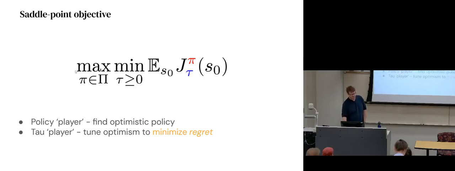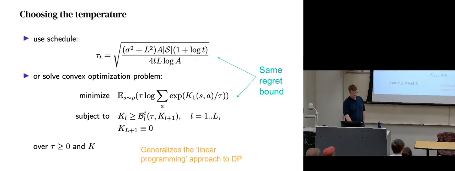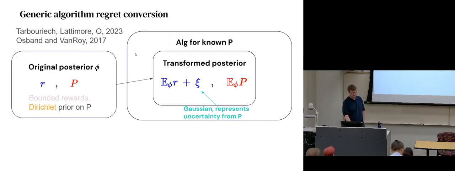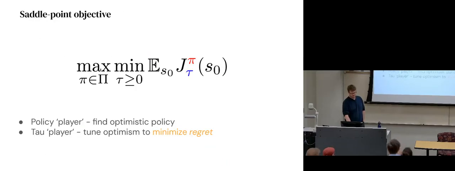So we want to solve a saddle point problem where we're maximizing over the policy, but like I was saying before, we're going to minimize over the temperature, based on the intuition from all the way back here, where we could jointly minimize over tau and k to pick the best temperature, which does a lot better than the schedule. So we're going to maximize over policy and minimize over temperature.